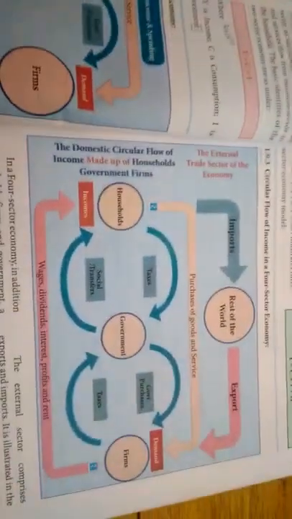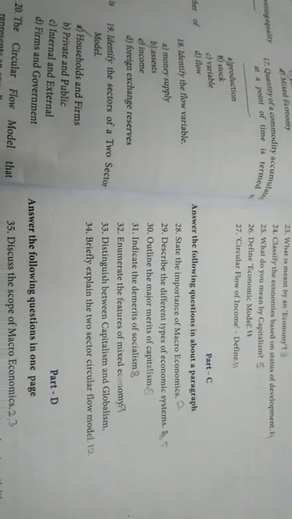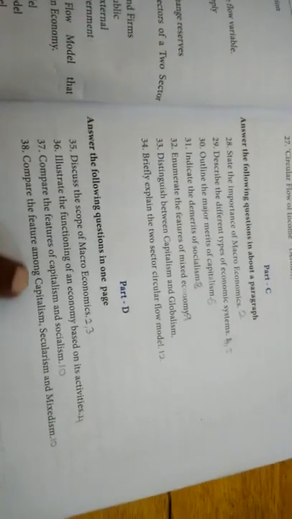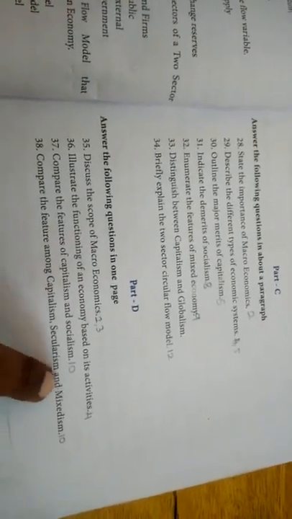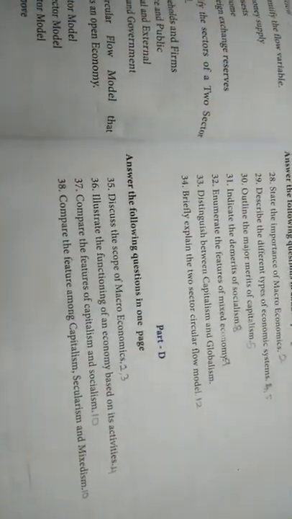Okay students, we have completed the first lesson. If you have any doubt in this first lesson, you must ask. Not only that, to study at home, if you have any book, mostly study the scope of macroeconomics and compare the features among capitalism, socialism and mixed economy.